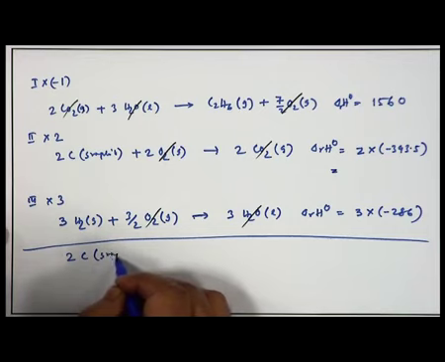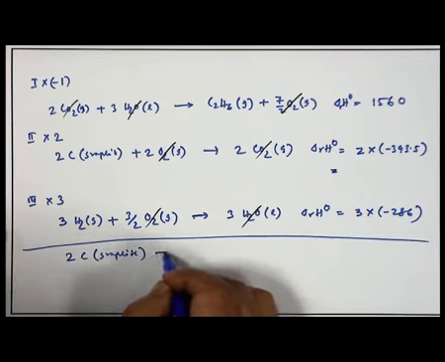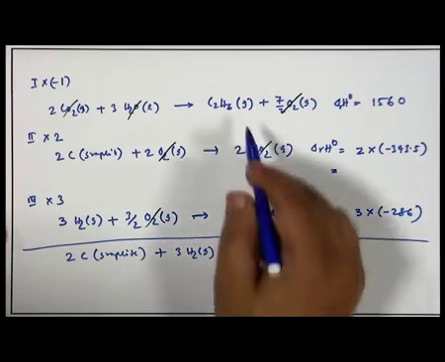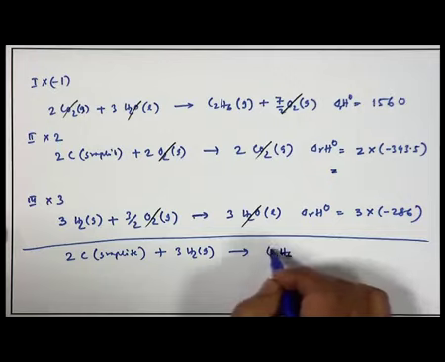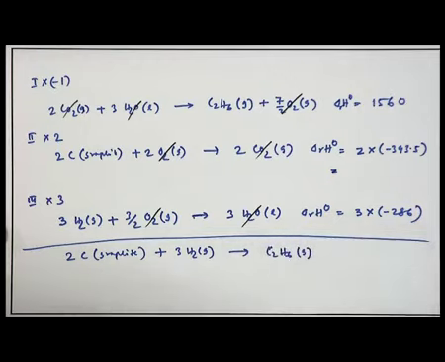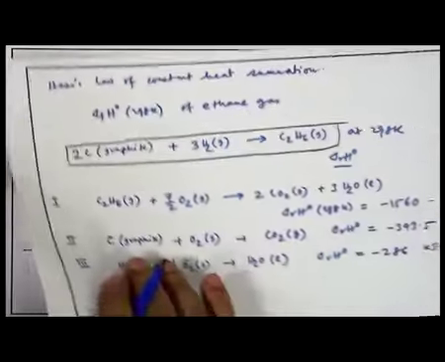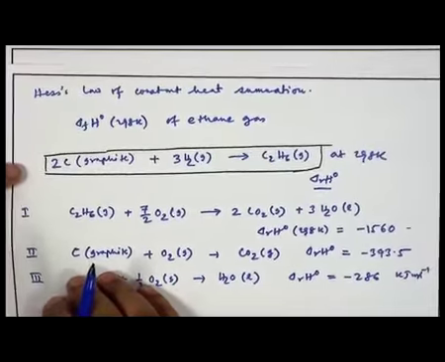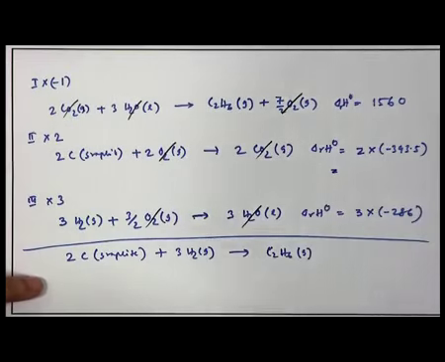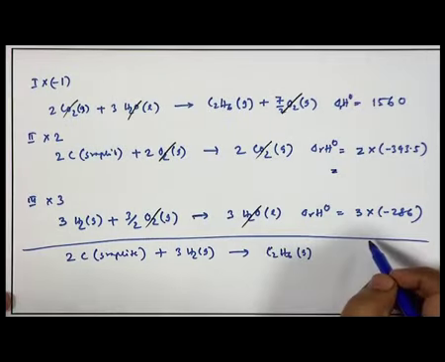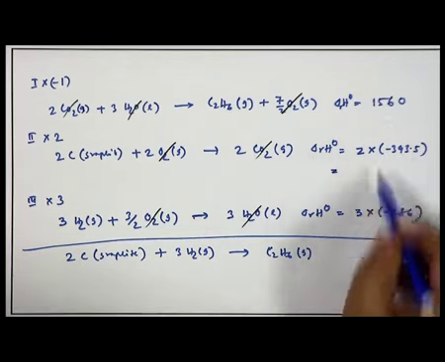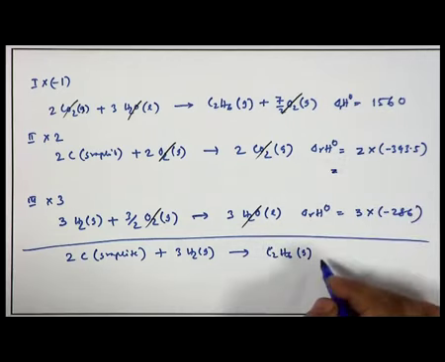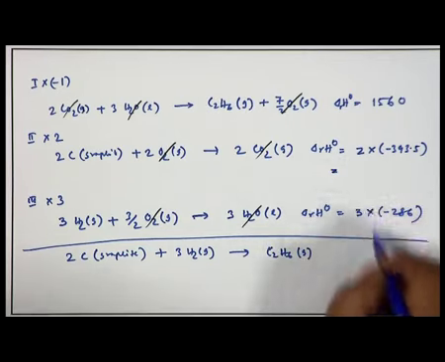So, we will end up with 2C graphite plus 3H2 gas on the left side and C2H6 gas on the right side. So, this is exactly the equation we wanted to get, our interest. So, we can add these numbers and find the enthalpy of the formation reaction.